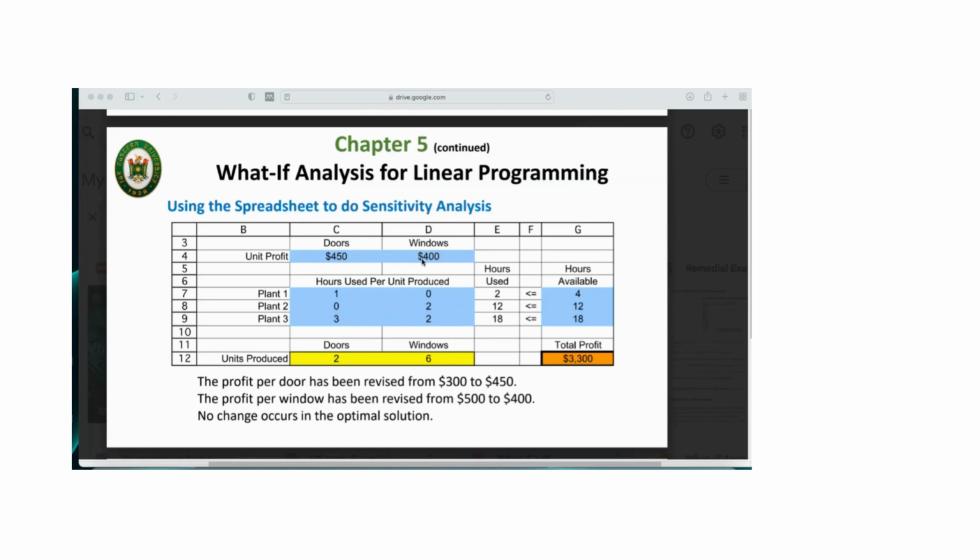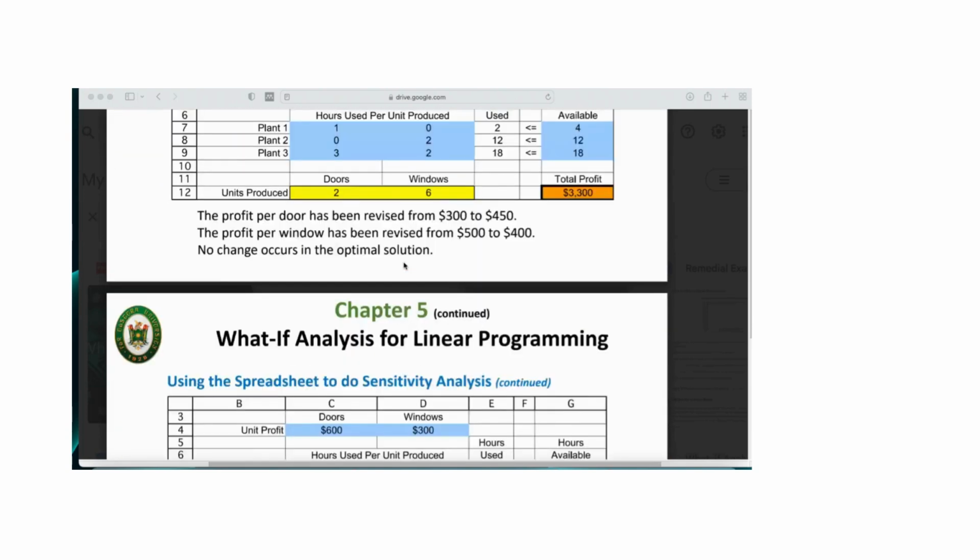So changing two parameters, we call it simultaneous changes in the objective coefficients. And there will be a different report generated.